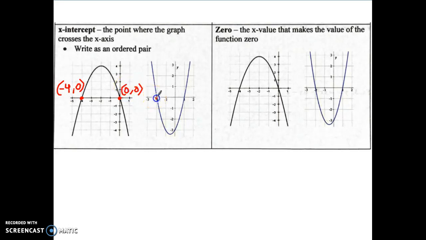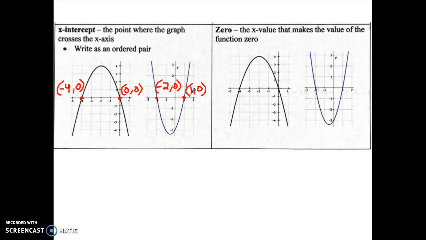And over here, we see it also crosses in 2 places. This is -2, 0. And this is 1, 0. All right, so those are your x-intercepts. Now, when we talk about zeros, the zeros are the exact same thing as the x-intercept.